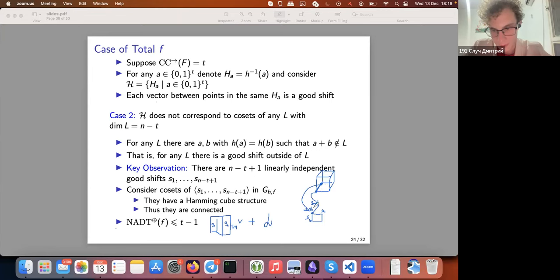From each vertex we have edges parallel to S1 through S_{n-t+1}, and all of these edges will be mapped to these edges from each vertex.